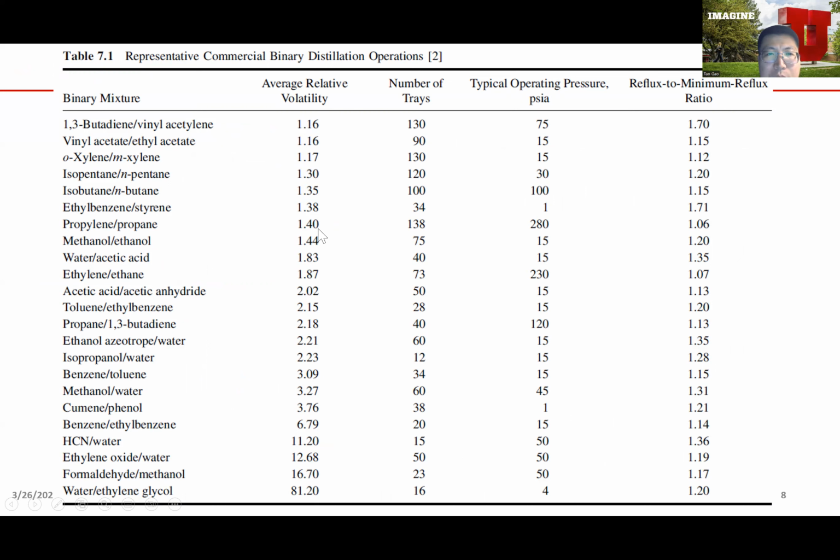So one takeaway from this table is that, as you increase the relative volatility, you tend to require a smaller number of trays, right? Whereas with low relative volatility, you tend to have more trays. This is close to or more than 100 trays, whereas on this end, it's only tens of trays.